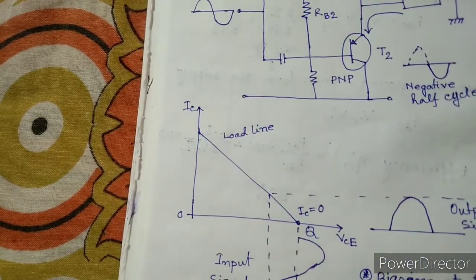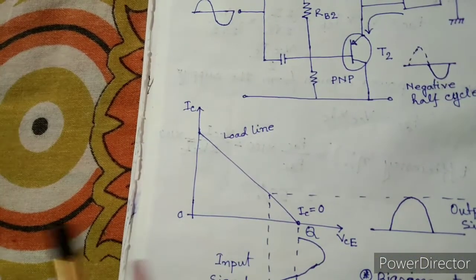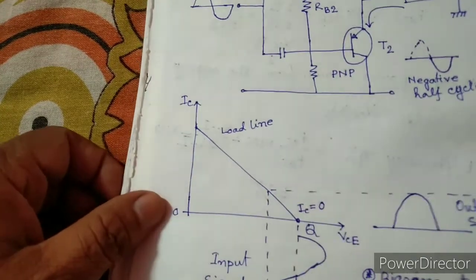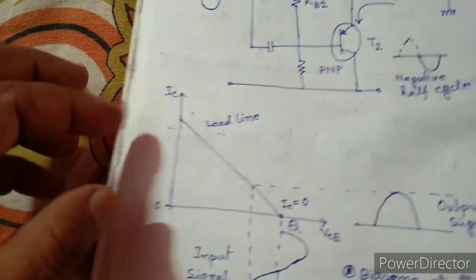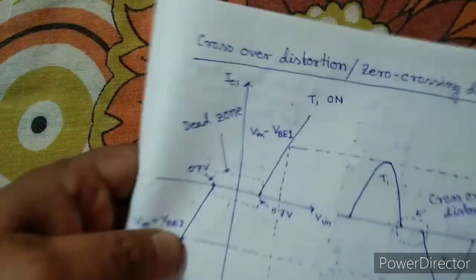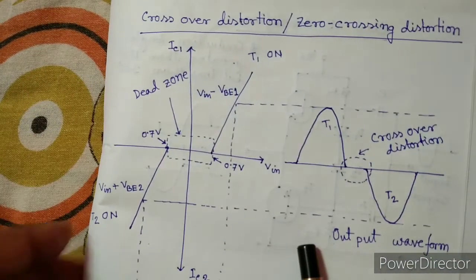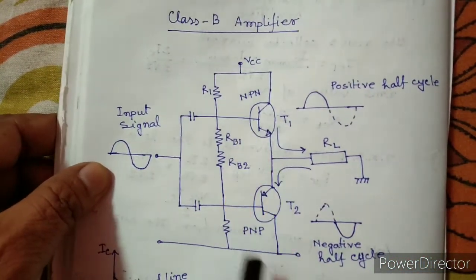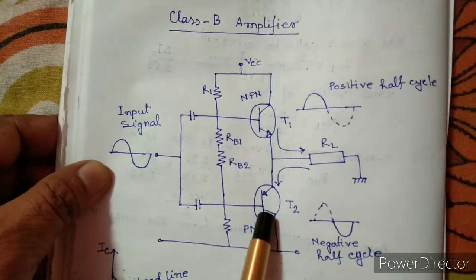Now this class B amplifier has one problem, that is the crossover distortion problem. Let's discuss the crossover distortion problem. In the circuit, we are using two transistors.